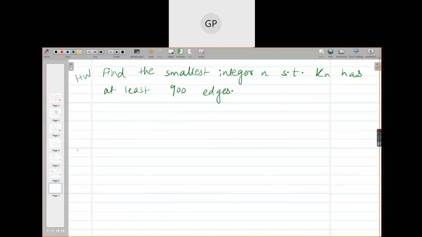Okay, now let us move ahead to the next type of graph, that is the regular graph. So what is a regular graph? A regular graph is a simple graph in which the degree of every vertex is the same.